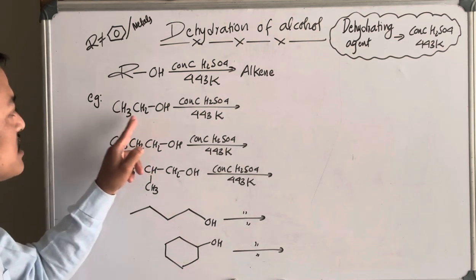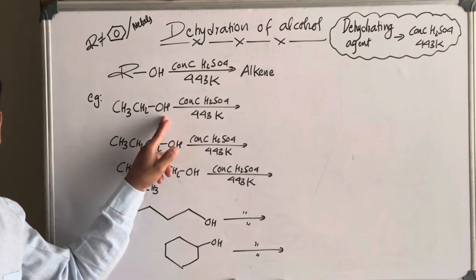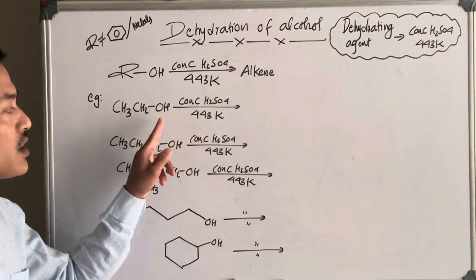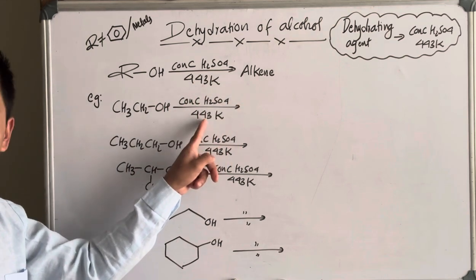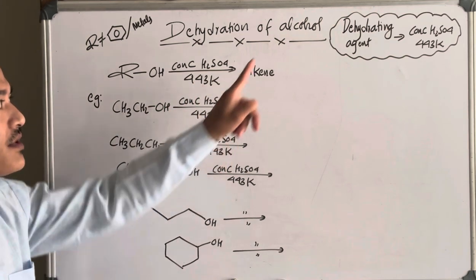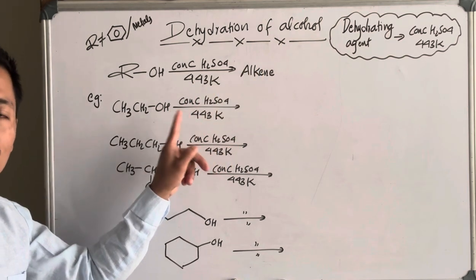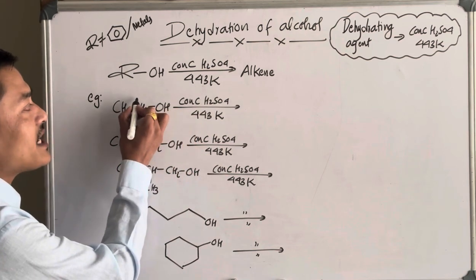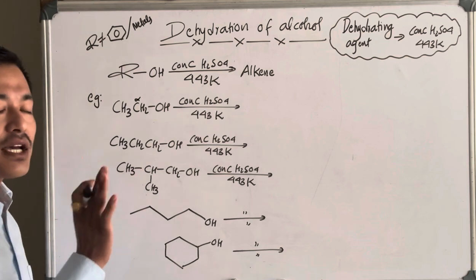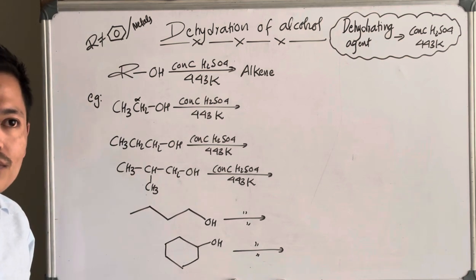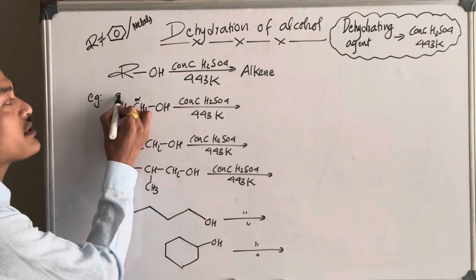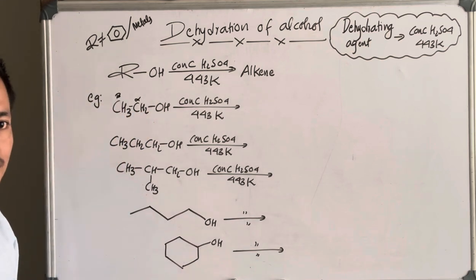So this is CH3CH2OH, the most common alcohol, ethanol. If you react this with concentrated sulfuric acid at 443 Kelvin, the dehydrating agent, what will it do? The OH is attached to this carbon, which is referred to as the alpha carbon. This alpha carbon is attached to another carbon, known as the beta carbon.